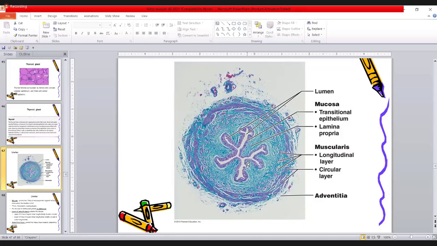A very large area is occupied by lamina propria. And then you have this muscularis layer, longitudinal and circular. Those are some reasons why you call it ureter. And then the adventitial layer. Okay.